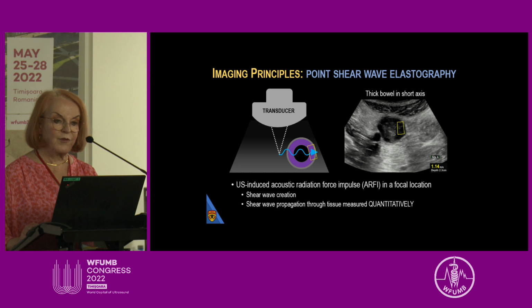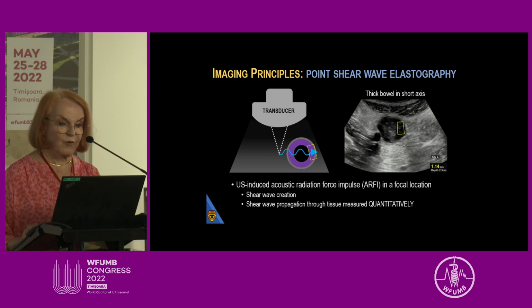So we first tried point shear wave elastography, when we had a visible region of interest or area to look at where we could place a box and then measure. This is related to ultrasound-induced acoustic RFE signals in a focal location.